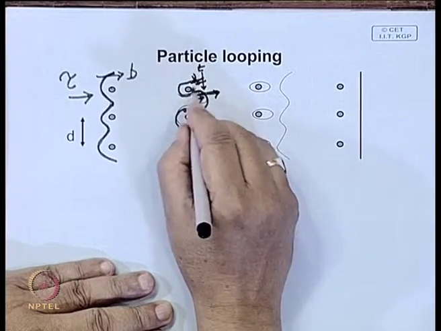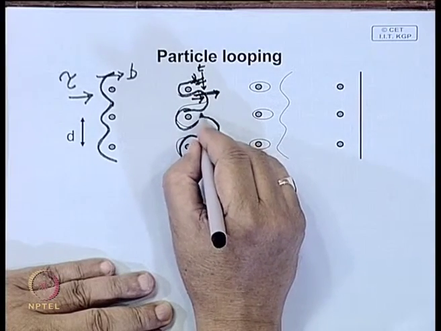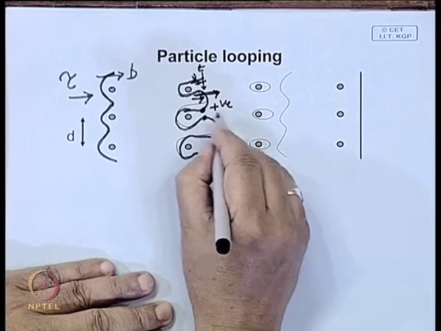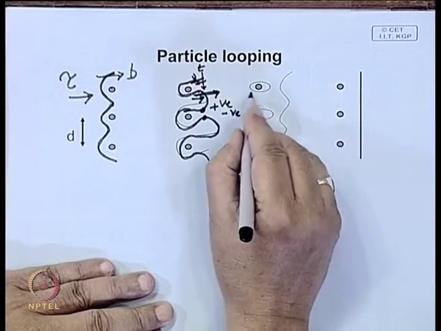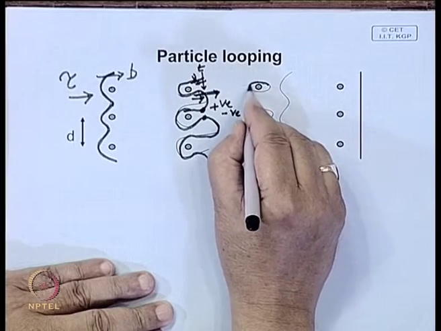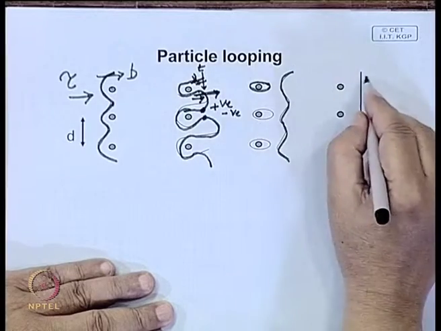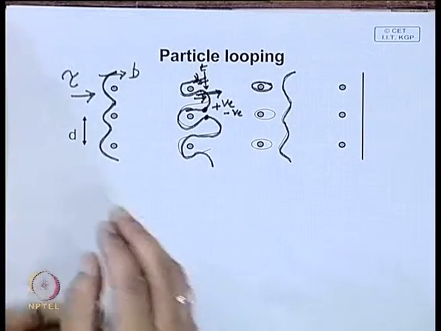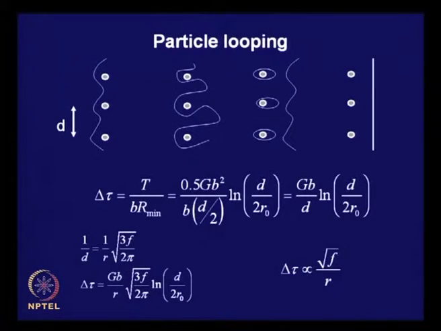So, the nature of the dislocation keeps changing, and it is quite likely to happen. Say in one case it will be a positive dislocation, and this may be a negative dislocation. Ultimately they will try to join, and when they join, a loop is left behind and this dislocation moves, and later on it becomes straight. And with this assumption, it is possible to work out the relation for the magnitude of the additional shear stress which you need.